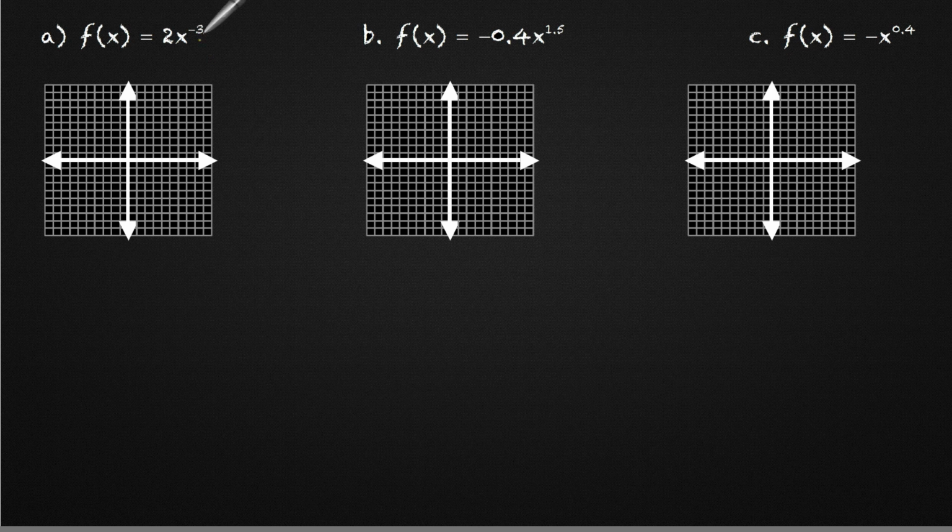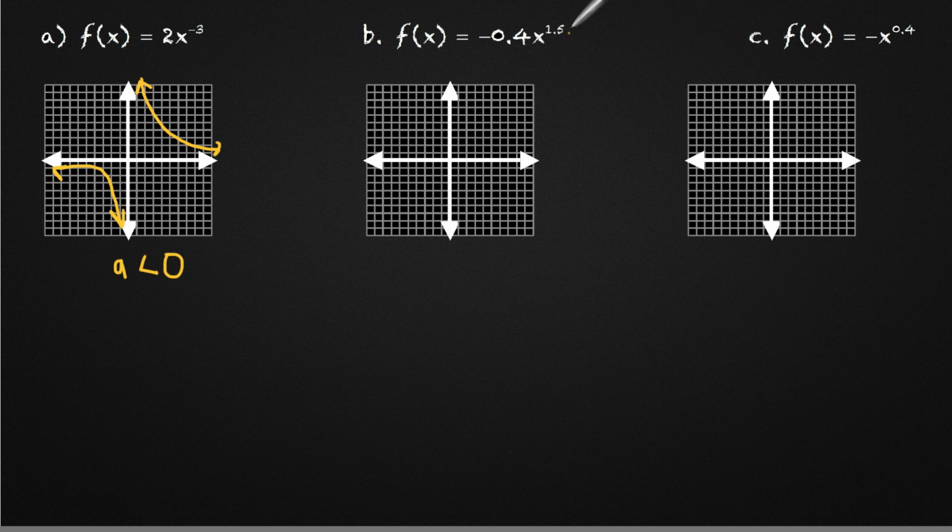Then we recognize that the exponent, we'll call that a, is less than 0, which means it's going to resemble a reciprocal function. And there is the sketch. Now, you look at the exponent, and if it is an odd number, then you draw the other half with odd symmetry. If it was an even number, then you would make it with even symmetry.